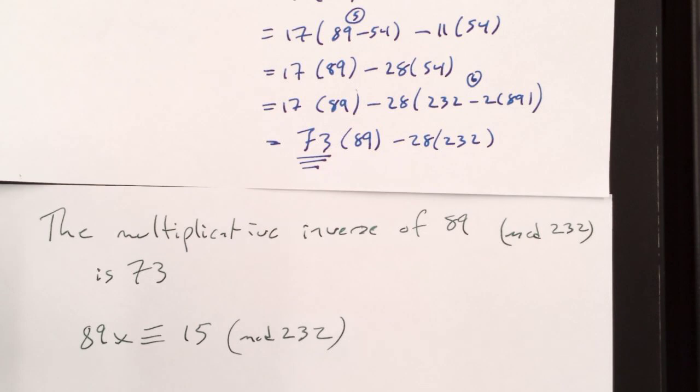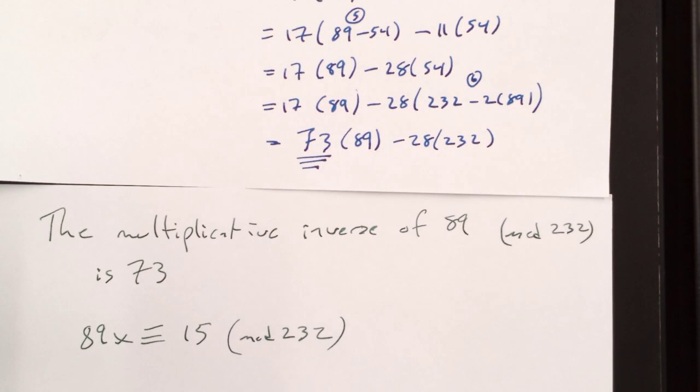On Friday, we just tried one after the other until we found a number that worked. I don't want to try all 232 numbers that are available to me. I'd be here forever. But since I know that the way to undo an 89 is with a 73, I can simply multiply both sides by the inverse.